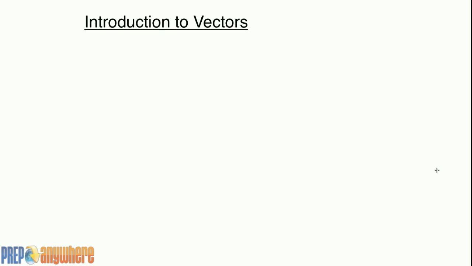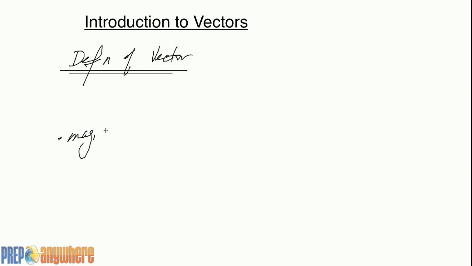Okay, so let's start with the definition of vector. First of all, let me define the word magnitude. Magnitude is referring to the size of a number.